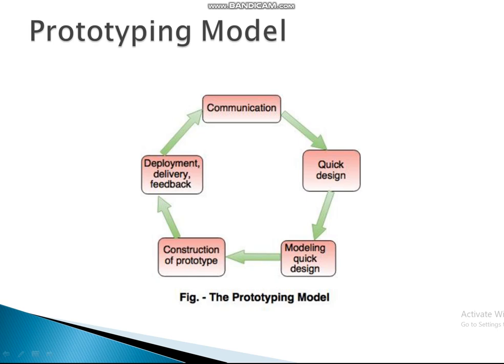And then quick design. Quick design is implemented where requirements are known. It includes only important aspects like input and output format in the software, and it focuses on those aspects which are visible to the user rather than a detailed plan. It also helps to construct a prototype.